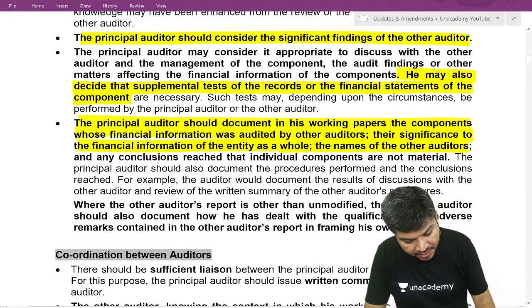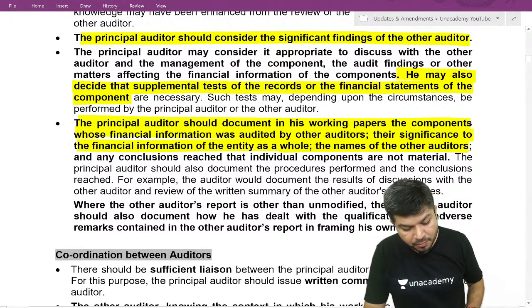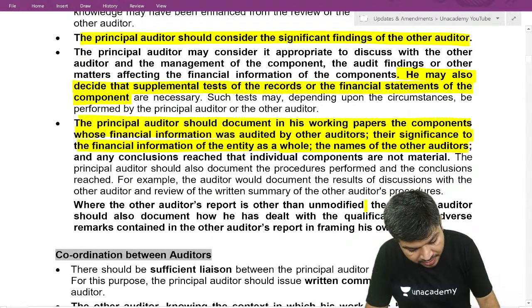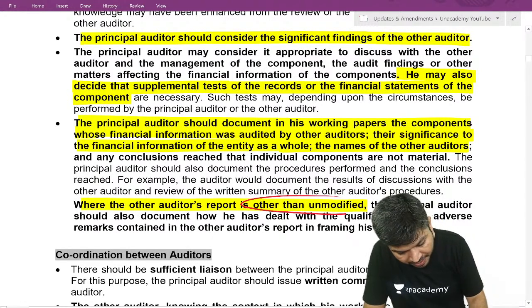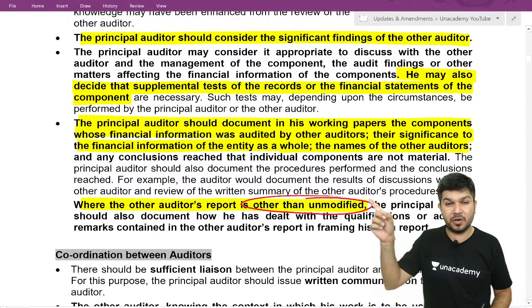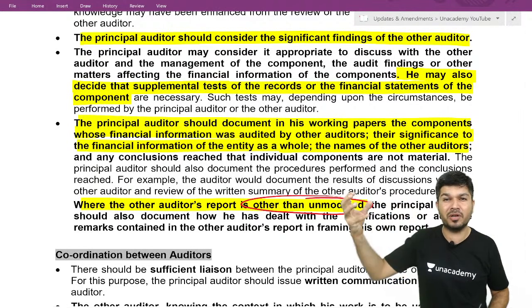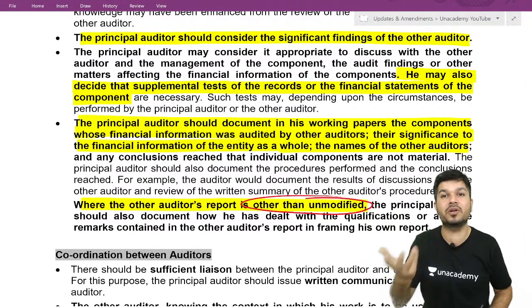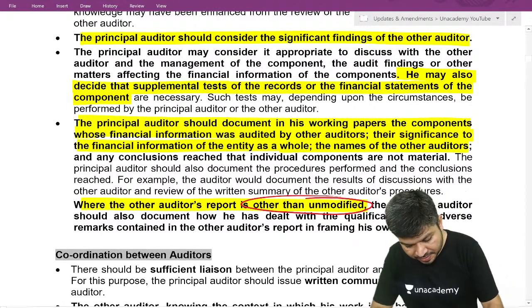And whether the other auditor's report is other than unmodified. Okay, now where the other auditor's report is other than unmodified, what do you mean by other than unmodified? The branch auditor has given an other than unmodified report. Other than unmodified means modified. In simple words, it means that it is modified.